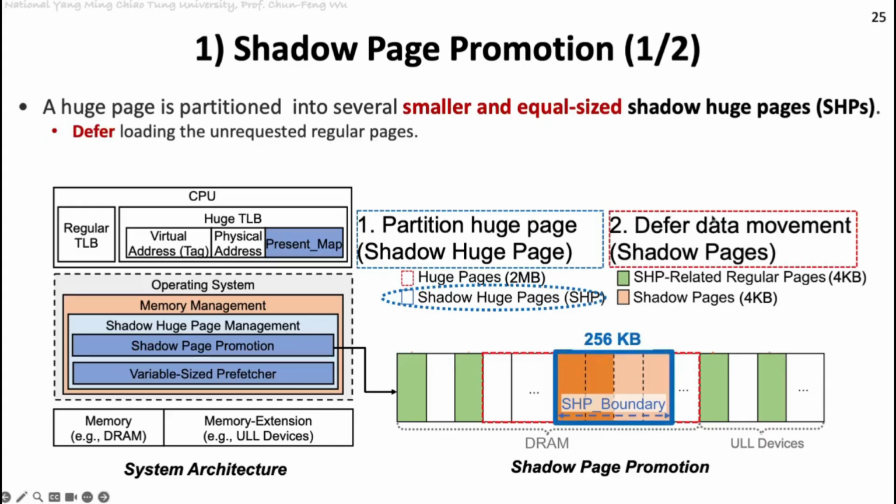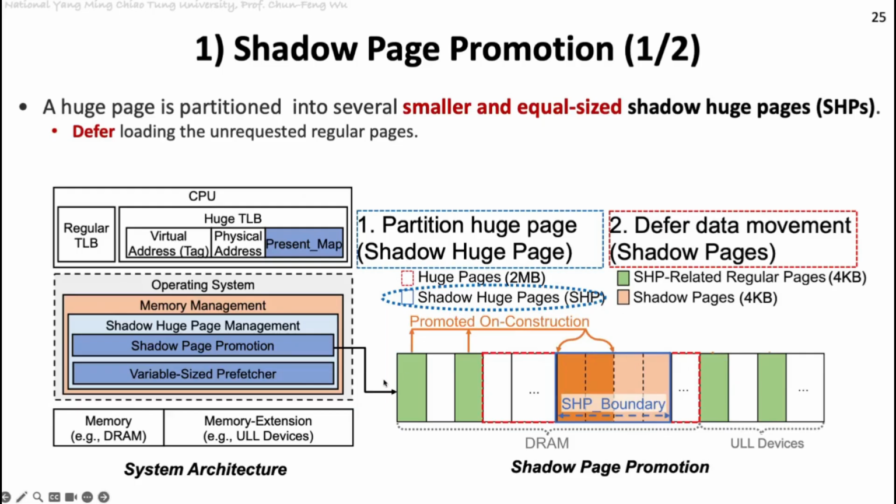So we will defer the data movement. What I mean by defer is, you can think of it just like copy on write. We don't copy the data when we create this shadow huge page. We just mark in the page table that, hey, these 4 pages belong to one shadow huge page, but the last 2 light orange parts, the data is still in the device. Okay. So how to realize this kind of thing?